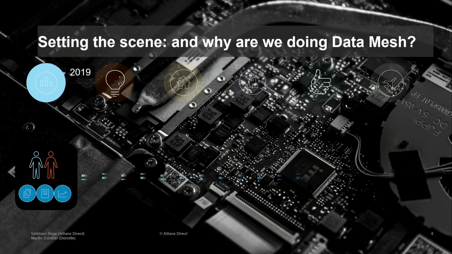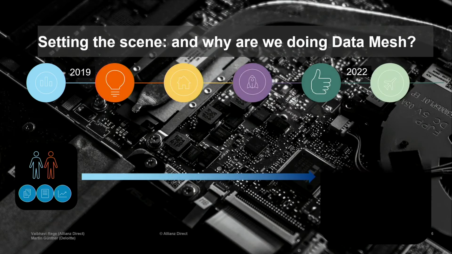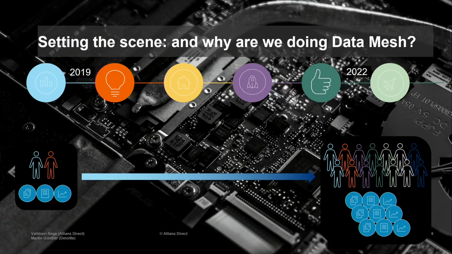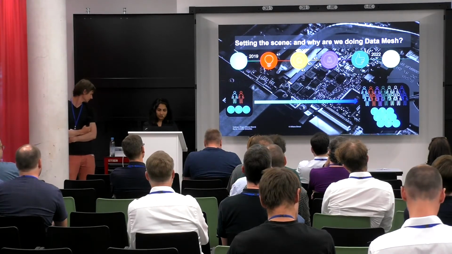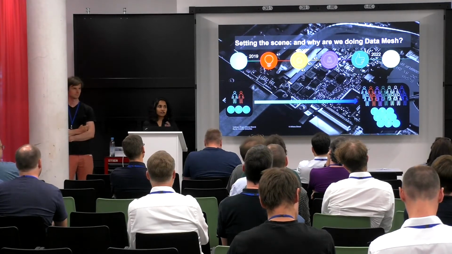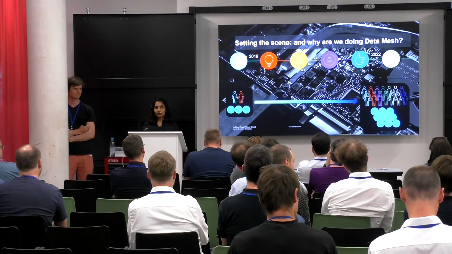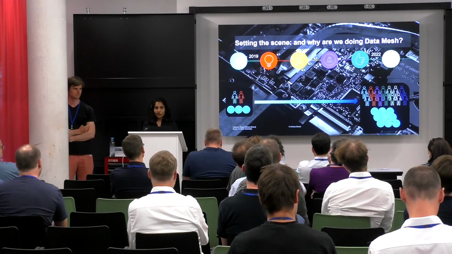But the kind of growth that we saw in the 4 years did not just lead to exponential growth in data volumes, but also in the demand and the number of users, internal and external, and the number of data exchange pipelines that we need to set up with brokers and aggregators.